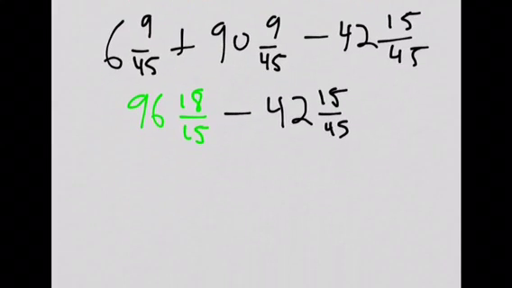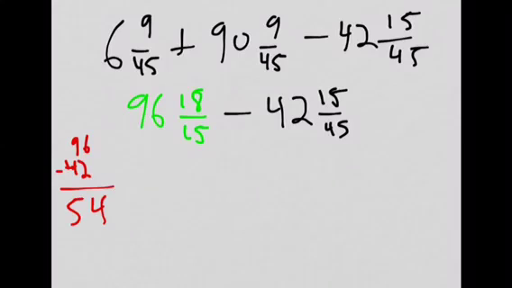So we'll subtract the two whole numbers first. I'm just going to model the subtraction over here. So 96 minus 42 is 54. So it's 54, and then 18 minus 15, and you keep the denominators the same. So that's going to be 3/45.